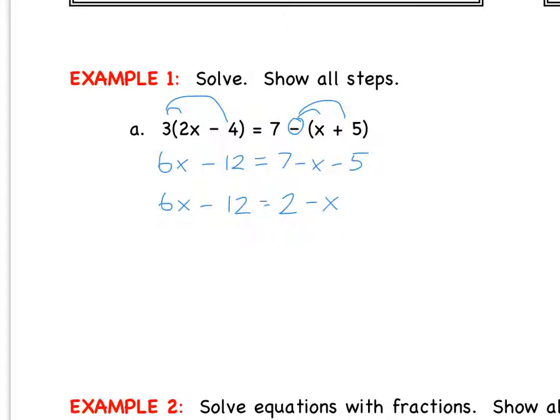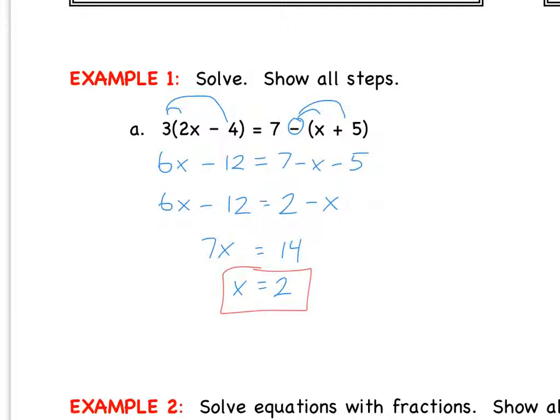Now if we add x to both sides and add 12 to both sides, we have 7x equals 14, and dividing by 7 we get x to be 2.